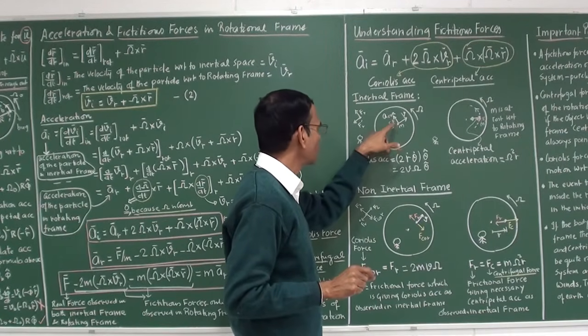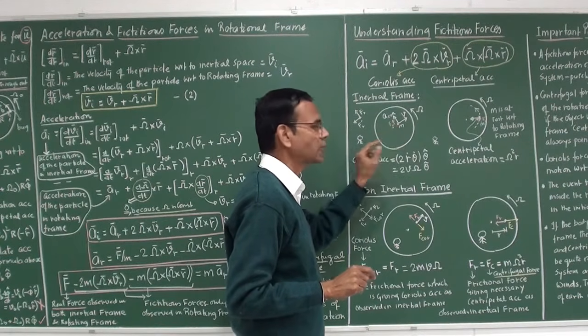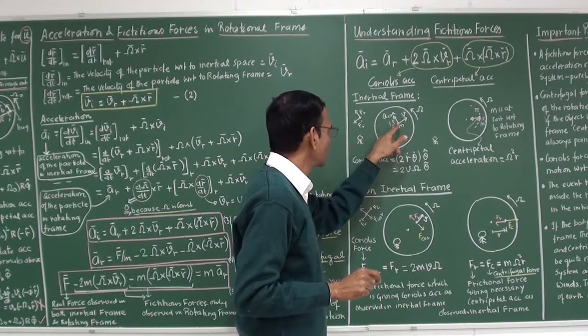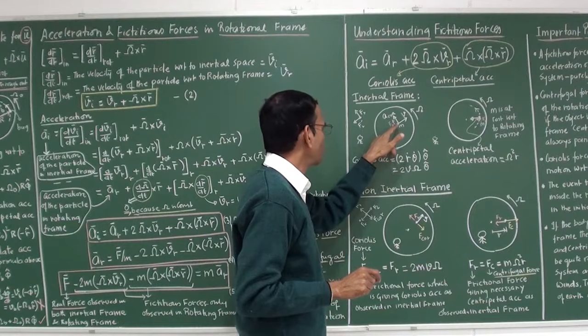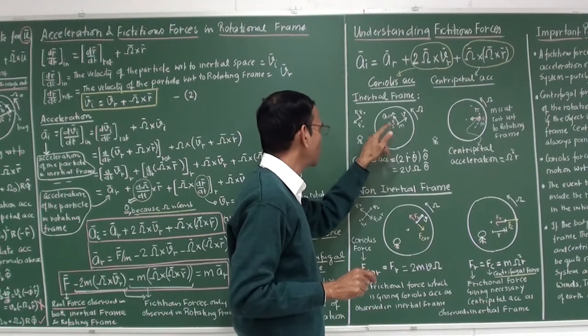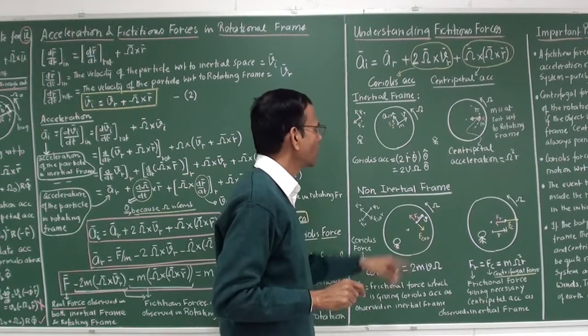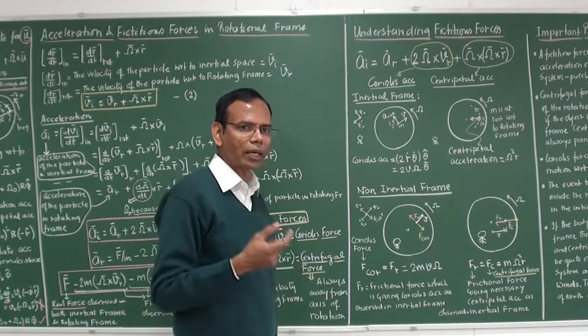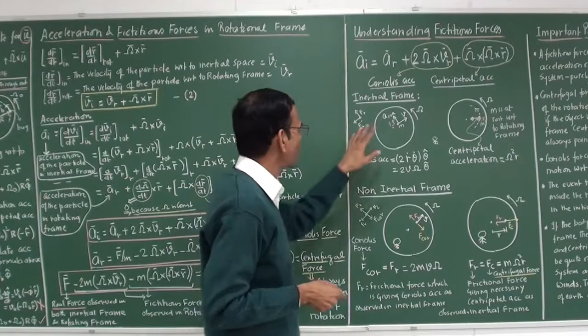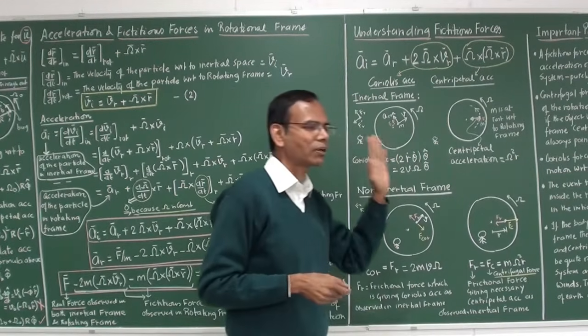So for this particular man or body in the rotating frame, the Coriolis acceleration will be provided by a frictional force. Here also the centripetal acceleration will be provided by a frictional force.